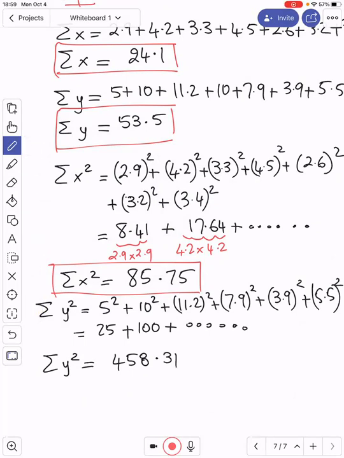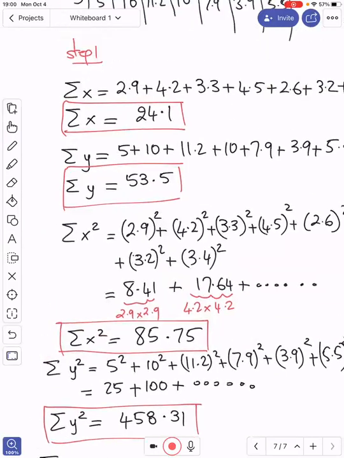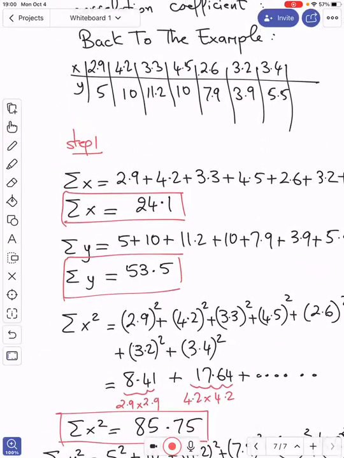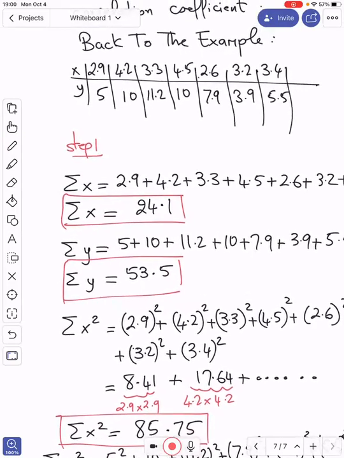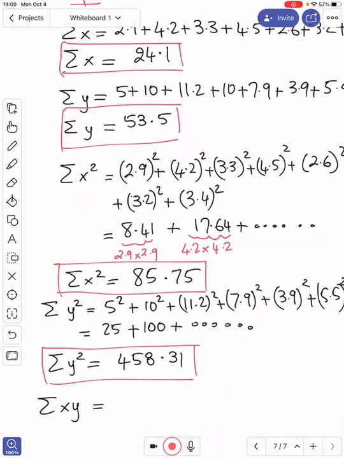And then finally, the last thing you need to compute, guys, is the sum of x times y. So in this example, the first x is 2.9, corresponding y is 5, so that will be 2.9 times 5.